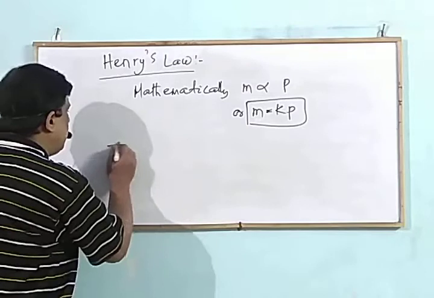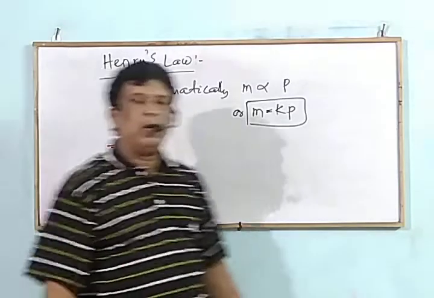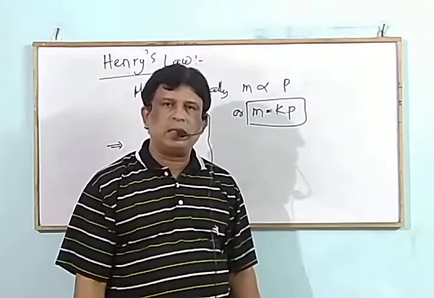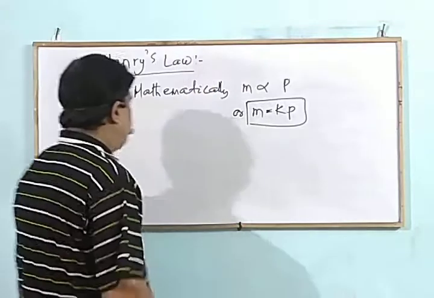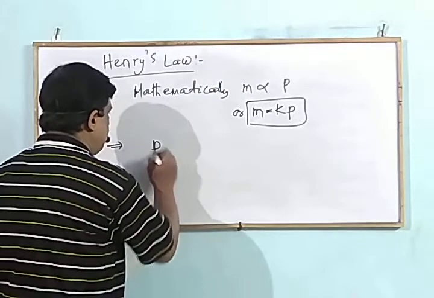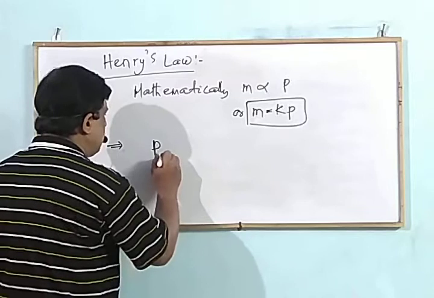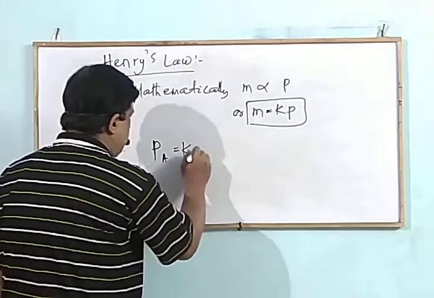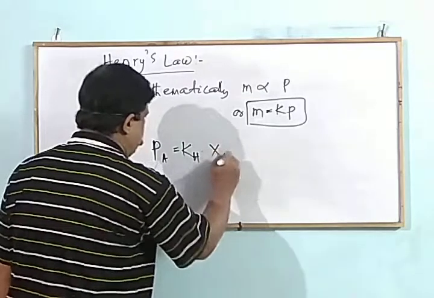The most important form of Henry law, which is generally expressed, is in terms of partial pressure. The mathematical expression is PA is equal to KH into XA.